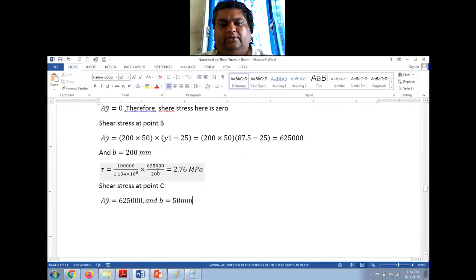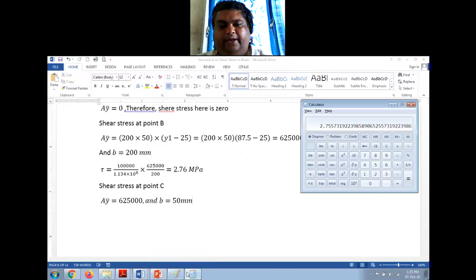Now here, this value I got by dividing this, because the rest all things remain the same. AY bar is same and this term is not changing. So 625000 divided by 200, when you did this, we got 2.76. So you multiply 2.76 by 200 and divide by 50, you will get the shear stress at this point, right? So that is a short way of doing calculation.